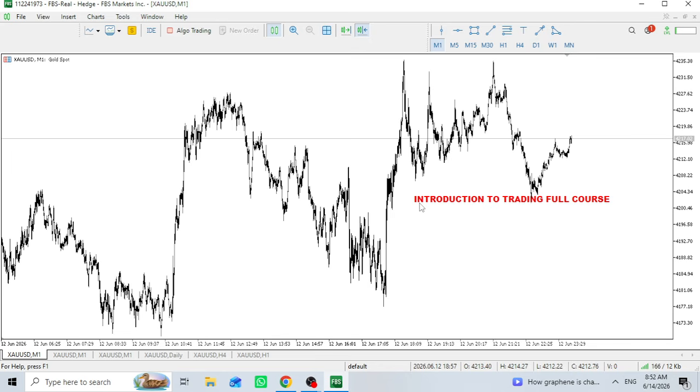Now this is how it operates. All profitable traders are connected to an A-book broker. Every broker has an A-book and has a B-book.